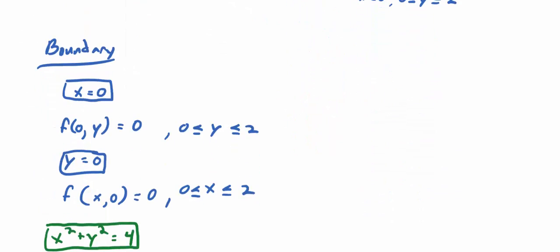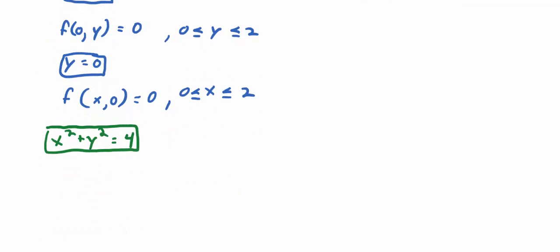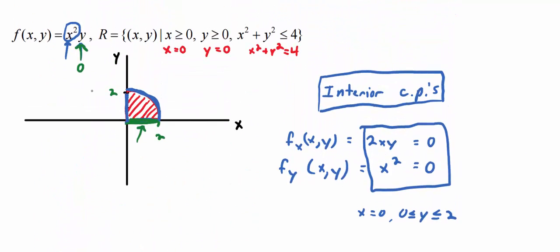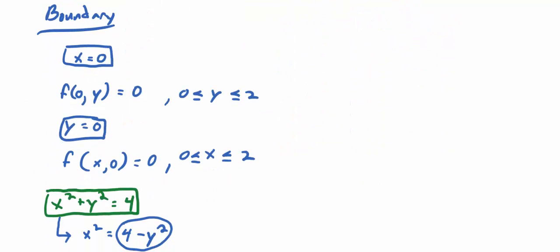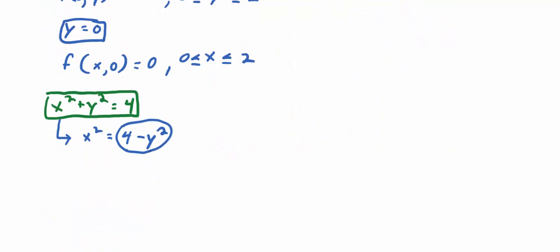So what do I mean by that? Well, you can solve this equation for x squared, and then plug this in for x squared in the function right here. So you'll get f of xy is equal to 4 minus y squared times y.